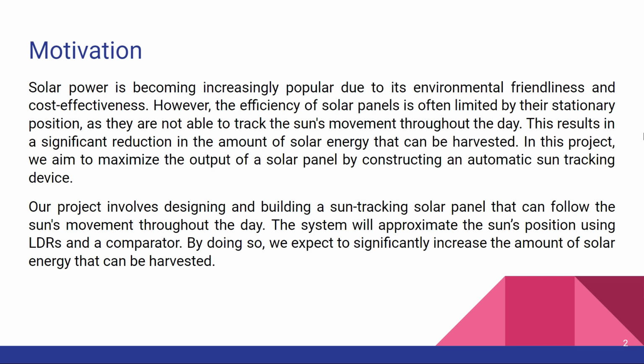In this project, we aim to maximize the output of a solar panel by constructing an automatic sun tracking device. We employ LDRs and a simple comparator that we have built using electronic components in our lab to do so. By doing this, we expect to significantly increase the amount of solar energy that we can harvest from a basic, simple solar panel.